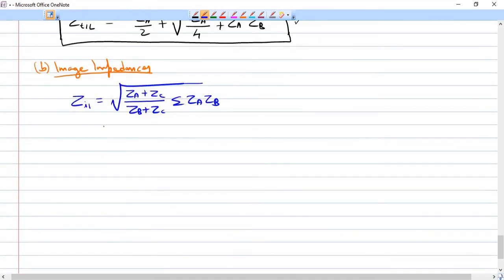So what happens when Za is equal to Za dash, Zb is equal to 0 and Zc is equal to Zb dash.